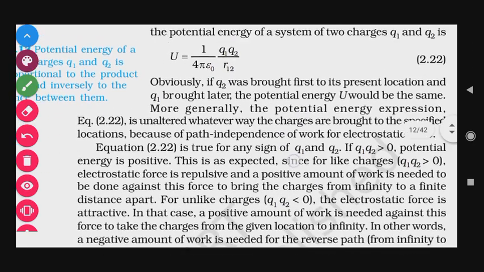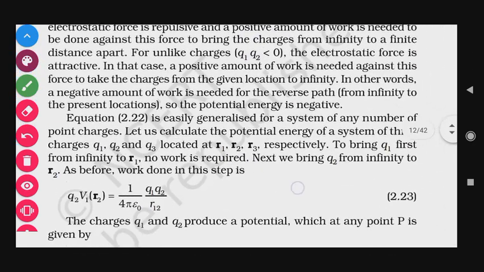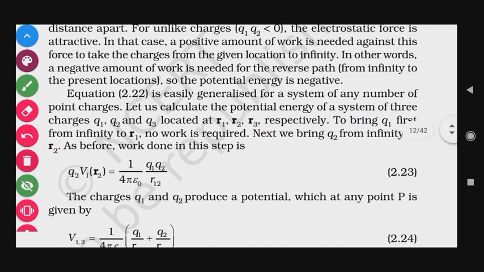Now equation 2.22 is easily generalized for a system of any number of point charges. Let us calculate the potential energy of a system of three charges q1, q2, q3 located at r1, r2 and r3 respectively. We did this for two charges, now we can do it for three. The procedure is the same.